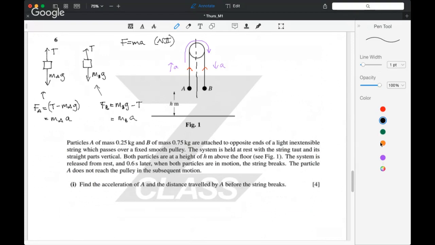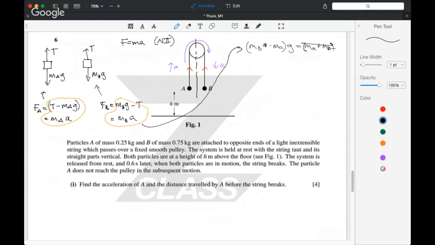So now I have these two equations. If I add them together, the T's will cancel. So I get mB minus mA, times g, is equal to mA plus mB, times a.